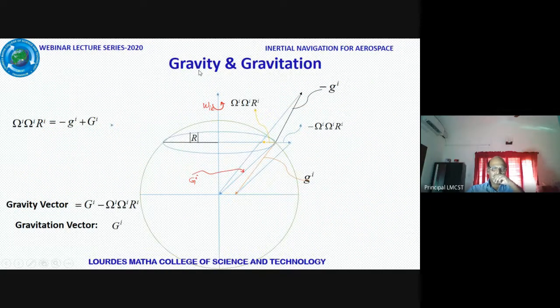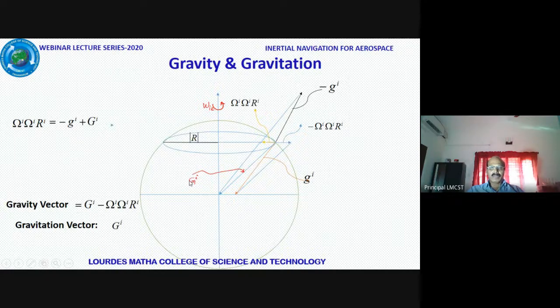Now let us again distinguish gravity and gravitation for better clarity. There is an object here sitting at this point. You draw a line towards the center, and that vector is the gravitation, capital G, the gravitation constant, into m1 and m2 by r square.